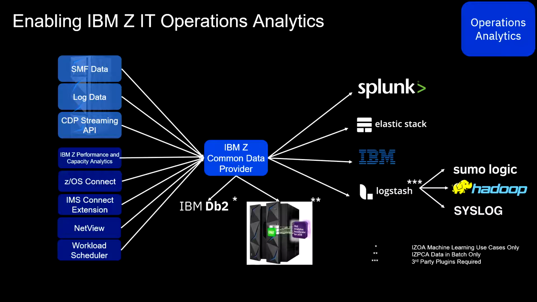Common Data Provider supports streaming data to Splunk, Elasticsearch, IBM Log Analysis, and other analytics tools via Logstash output plugins. Finally, Common Data Provider can store analytics data in DB2 on z/OS for use with Watson Machine Learning on z/OS and in IDAA when dealing with IZPCA key performance metrics.